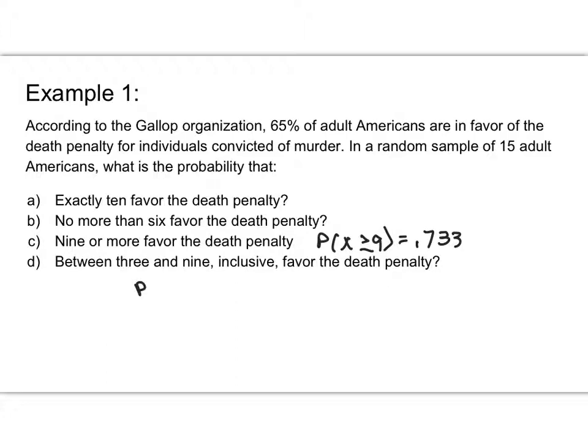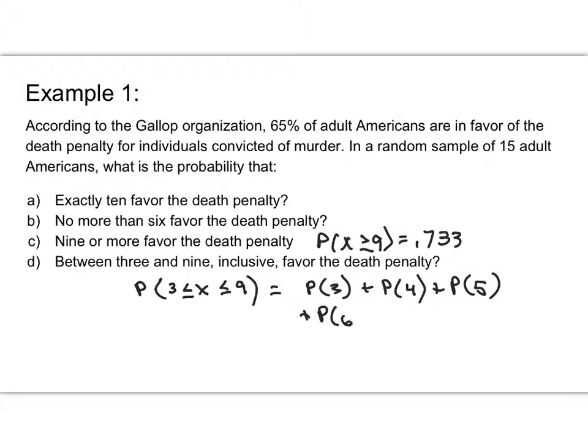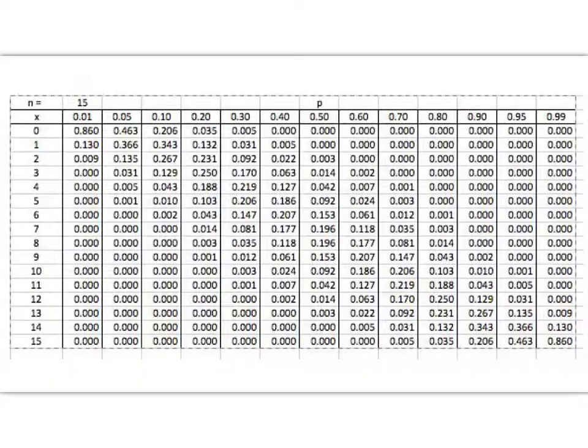So that's the probability of x, and we're including 3 and 9, greater than or equal to 3 but less than or equal to 9, which is going to be the probability that 3 favor it, plus the probability that 4 favor it, plus the probability that 5 favor it, plus the probability that 6 favor the death penalty, plus the probability of 7, plus the probability of 8, plus the probability of 9. So that's going to be adding up the values between 3 and 9.